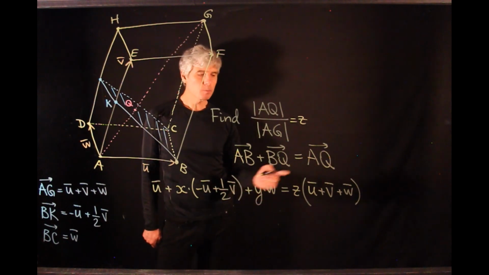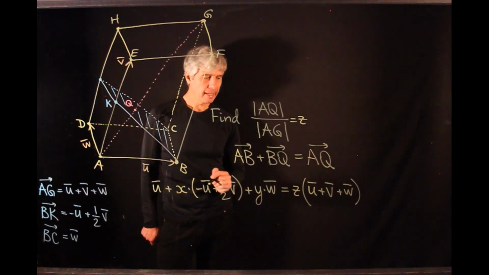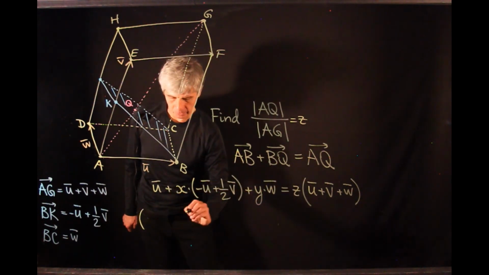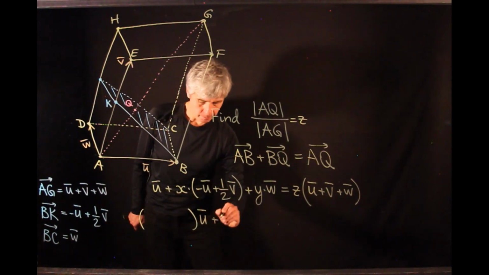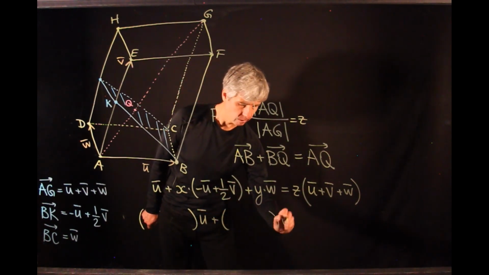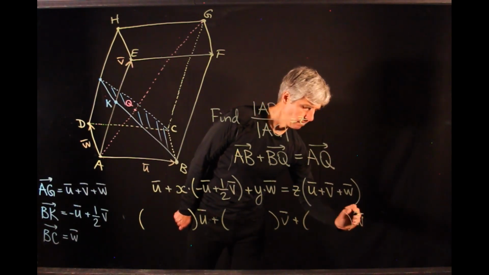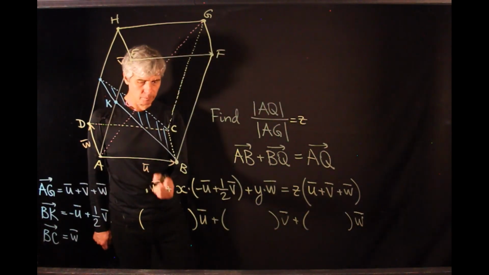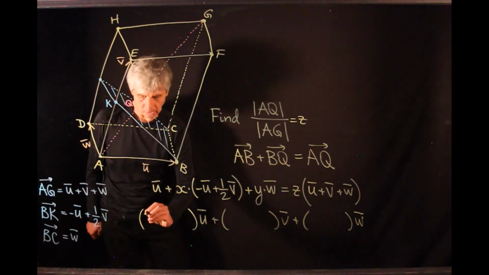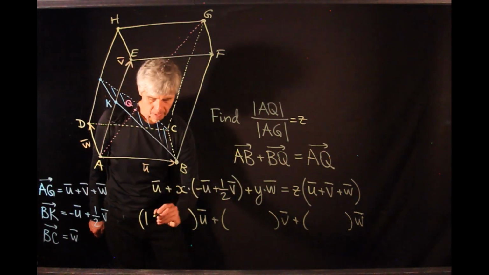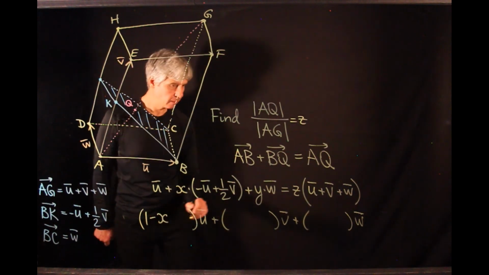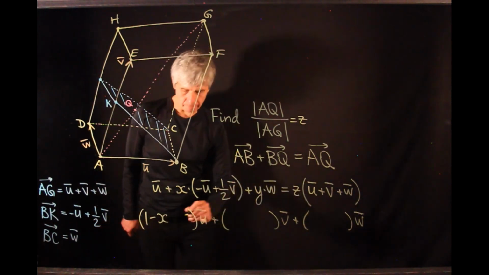Next, let us move everything to the left-hand side and collect the terms with u, with v, and with w. For u, we get 1 from here, minus x from here, and minus z from here.